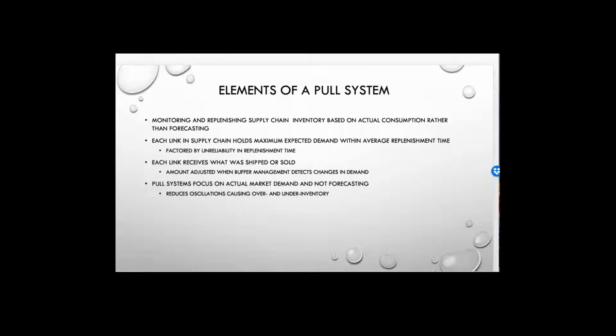For the most part, lead time and replenishment times are similar within a pull system. That's why lean systems really need to have very disciplined lead times and replenishment times, because we don't focus on forecasting. And what this does is reduce oscillations that cause over and under inventory.